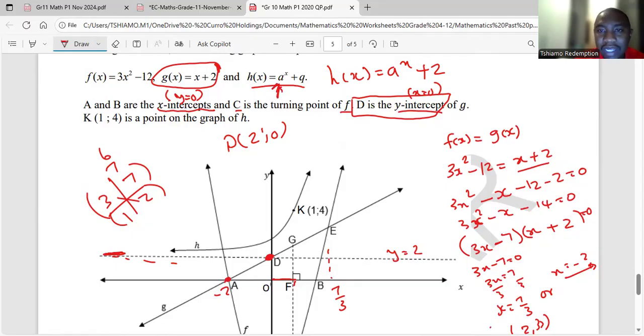We're going to find A by substituting any value along the graph. Any value along the graph is this point, K. So I'm going to substitute K, which is 1 and 4. 1 and 4 is X and Y. So in the equation that I have, in the place of X, I'm going to put 1, and in the place of Y, I'm going to put 4.